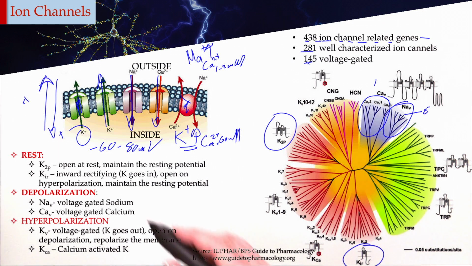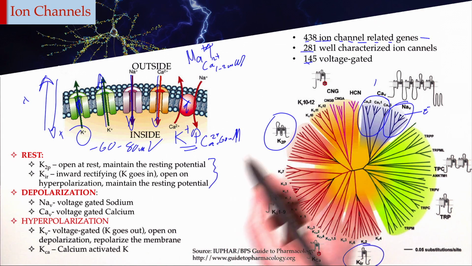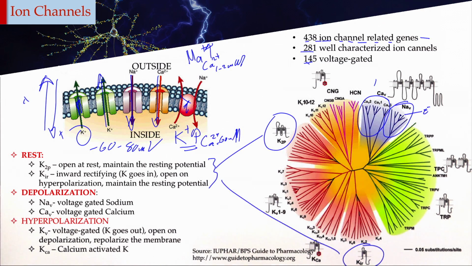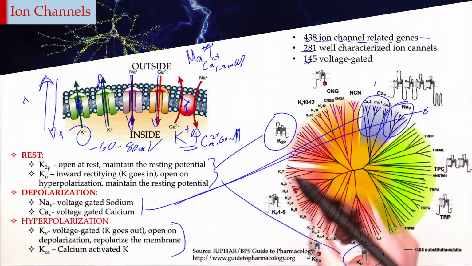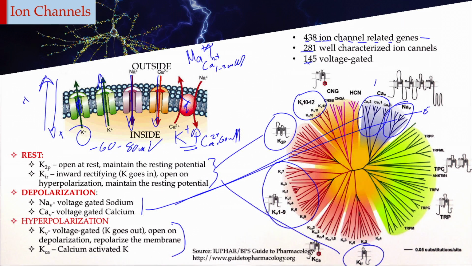Okay, so the resting membrane potential, as I said here, is controlled by these channels. The depolarization is controlled by these channels. And you have hyperpolarization. What stops the excitation and brings it back down again is this class of channels, the voltage activated potassium channels, and you also have the calcium activated potassium channels.